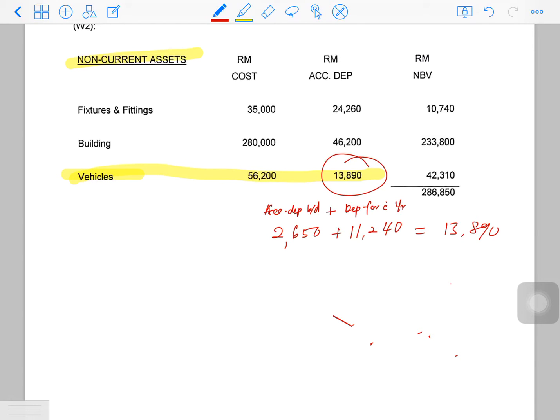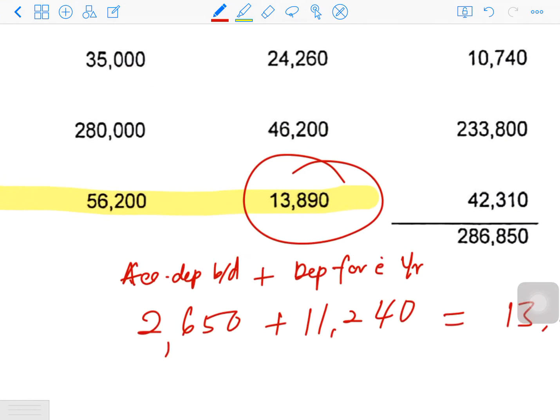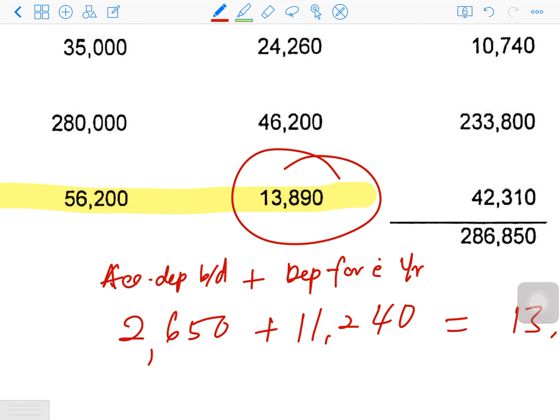That is the amount that should be entered into your working here. Okay.